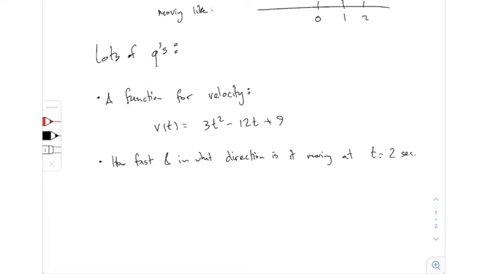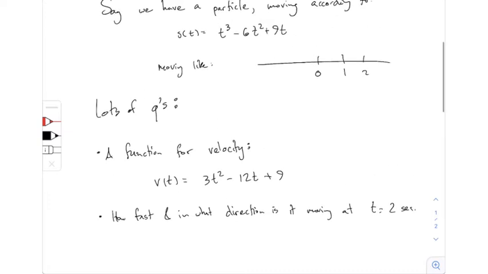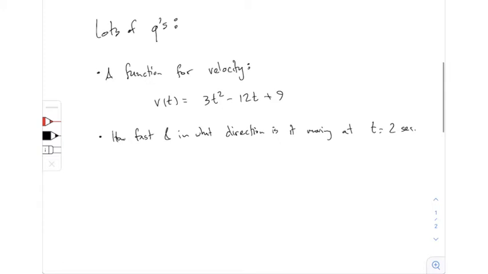I didn't say before, I mean for the units to be seconds and, let's say, meters for the distances. Typically in this class, I'm not going to try and confuse you by using weird units all the time. I generally don't care what the units are, but let's say meters and seconds. How fast and in what direction is it moving? Anyone want to suggest how we would answer this question? This also is not a hard question to answer given the setup we've got.